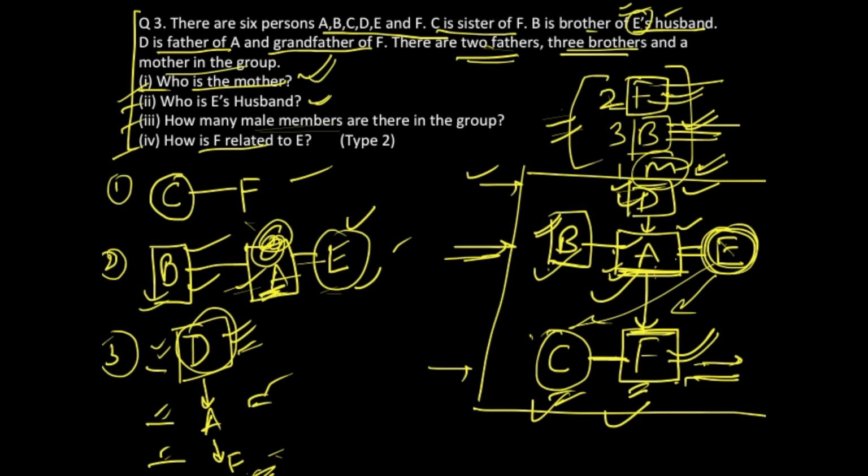Based on this, we can solve the question: who is the mother? We have already found that it is E. Who is E's husband? Based on our assumption, A's position is holding true and meeting all the conditions. Now it asks how many male members there are in the group. If you count the rectangles D, B, A and F, you know that four of them are male. So your answer to the third part becomes 4.